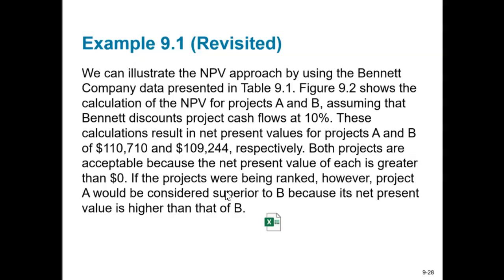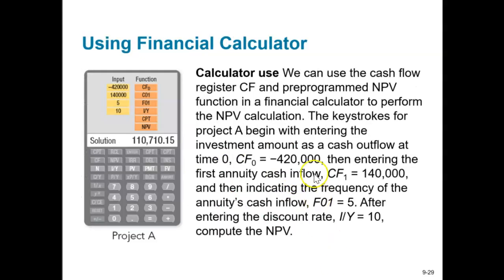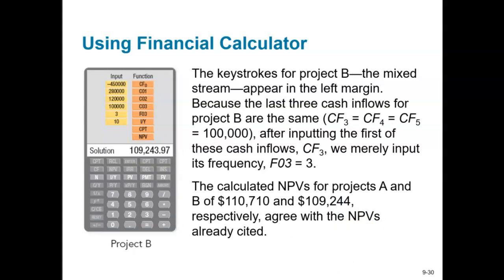Now we move on to how to compute using a financial calculator. If you have a financial calculator, we can use the cash flow register and the pre-programmed NPV function in the financial calculator to perform the NPV computation. So you will get something like this. And if you take project B, similar keystrokes will give me the NPV of that project.